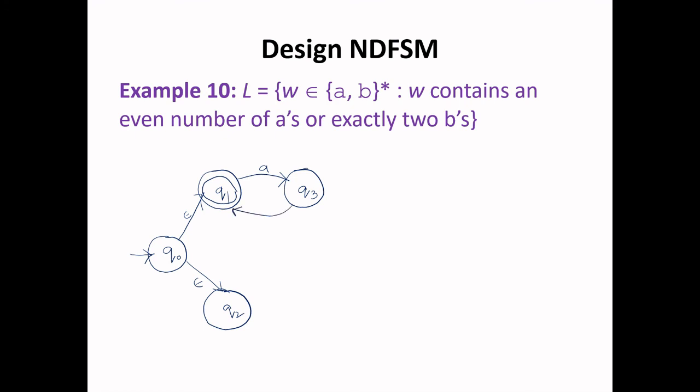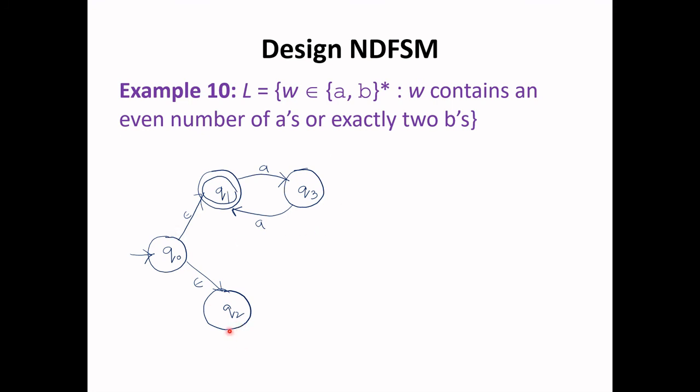Two occurrences of A's reaches the final state. Three A's, an intermediate state. Four A's again reaches the final state Q1. So this is for even number of A's.